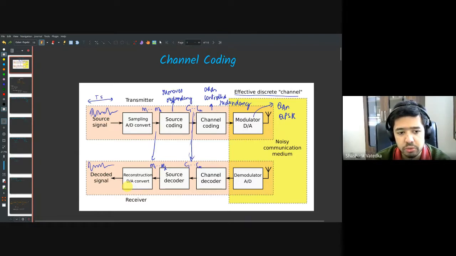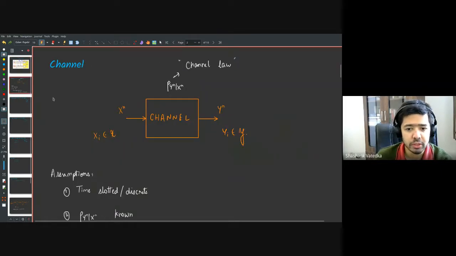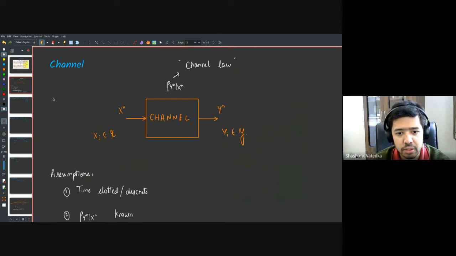Right? So now the question is, assume that we have a sequence of information bits which is obtained after compression. How do we transmit this over a noisy medium such that at the receiver we can still recover it with a certain guarantee?